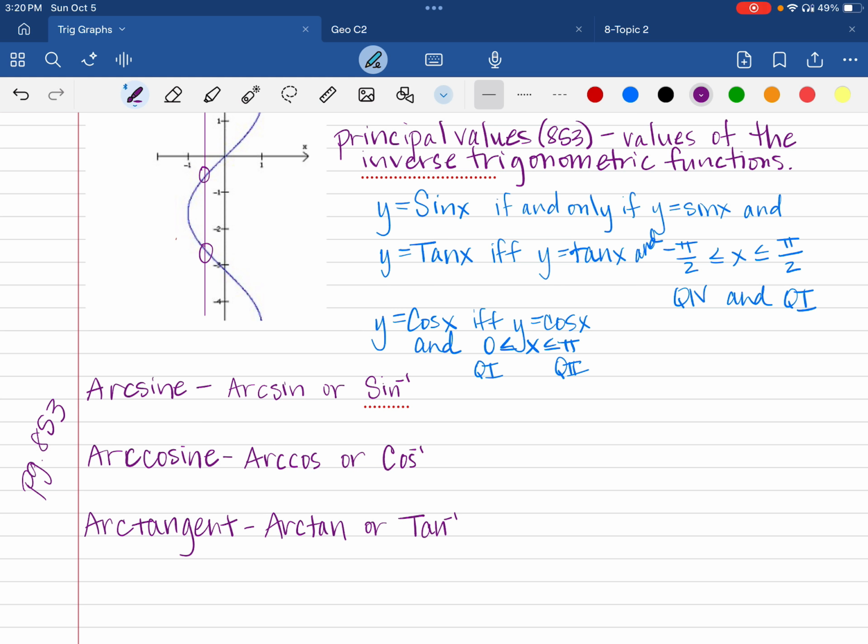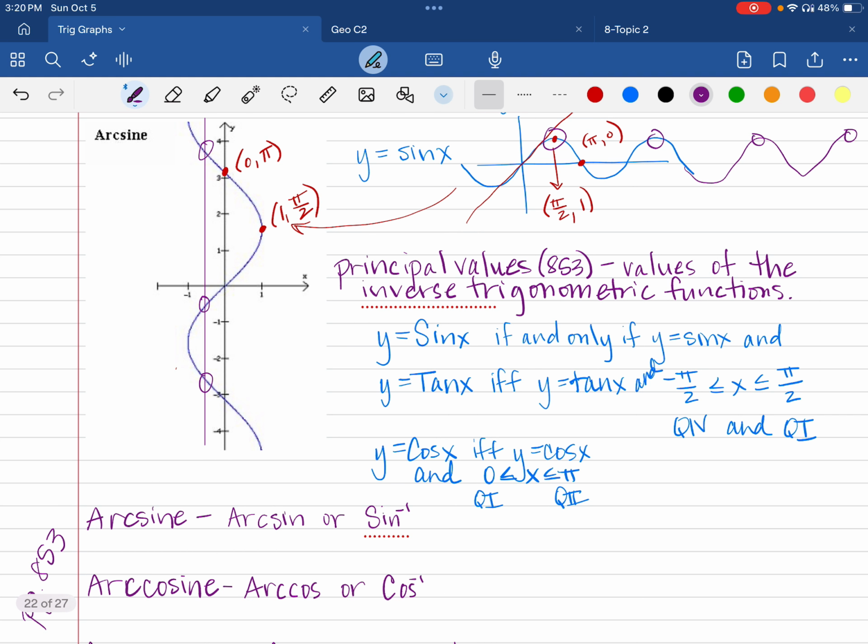And when we look at the graphs of these, arc sine is going to be just this part of the graph. If you graphed this on your calculator, that should be what it looks like. Arc cosine is going to look slightly different, as will tangent.